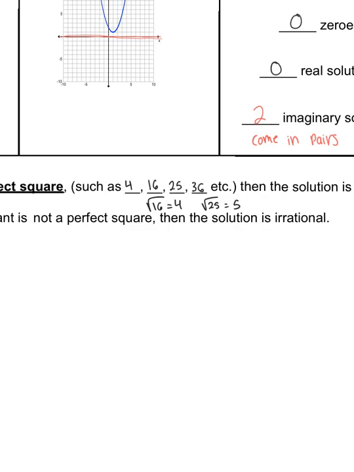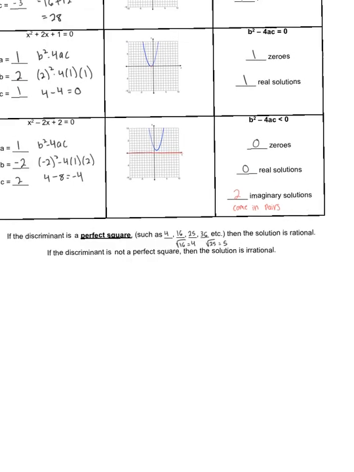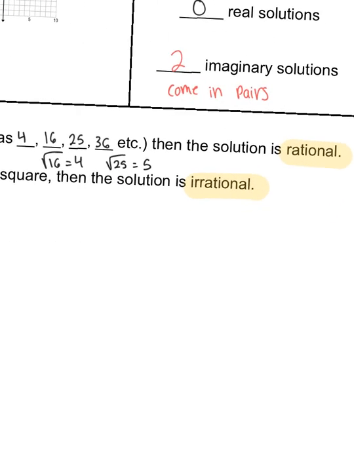All of those numbers give me a single whole number answer. If that does happen, then the solution is rational. Like I said, if it's not a perfect square, then it's irrational. So if you had something like on the other question where we had the square root of 89, that is irrational because I can't take the square root of 89. It's not going to give me a whole number.